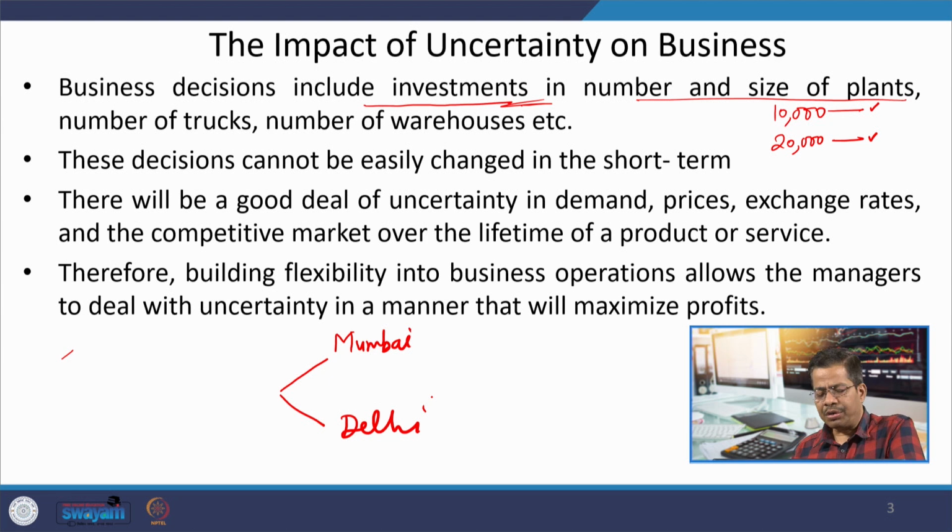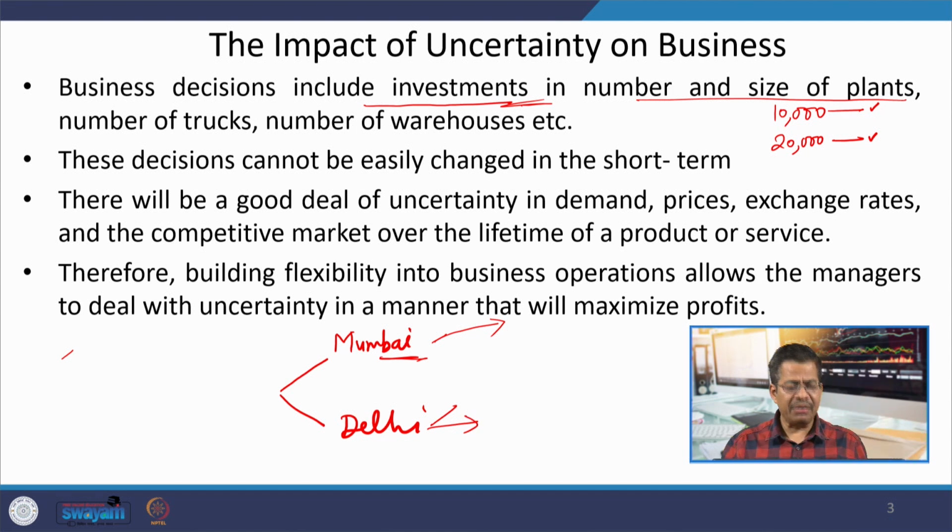Now, you are not going to make a plant on a daily basis. So if you take a wrong decision, Mumbai versus Delhi, it is going to have a permanent impact on your business. So you need to see that uncertainty is there. Neither are you clear about the Mumbai situation, how the business environment in Mumbai is going to unfold, nor how the business environment in Delhi will be in future. But based on some estimates, you will see what the expected payoff is.